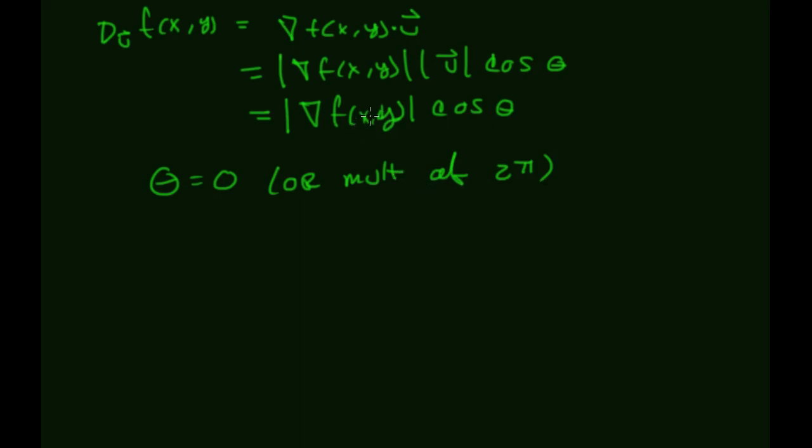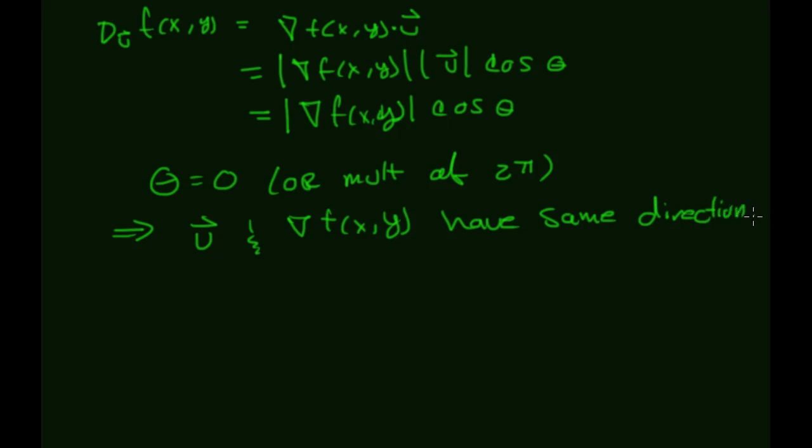Well, that means that the angle between the gradient and the directional vector is 0, which would imply that the directional vector and the gradient have the same direction. So we now have that the maximum happens when the directional vector and the gradient have the same direction.